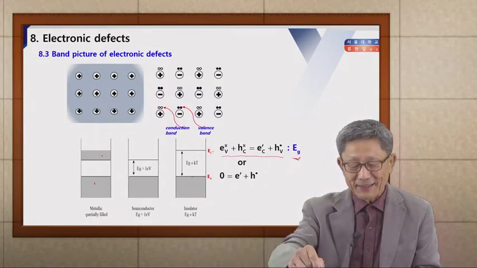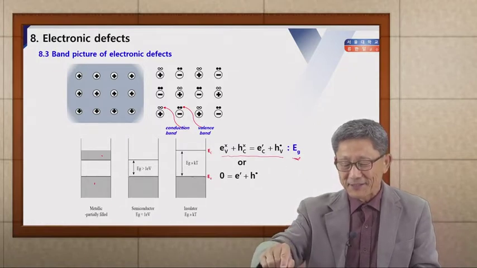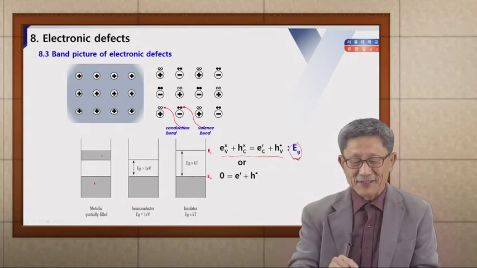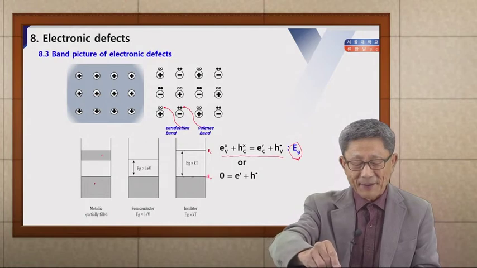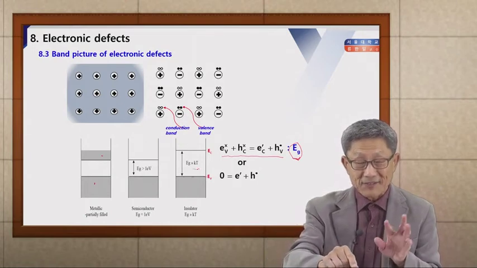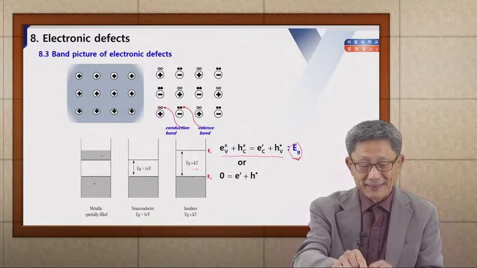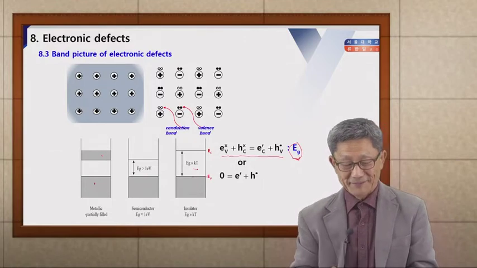And then the conduction band edge is located above this valence band by as much as the band gap energy, Eg. For the case of an ionic crystal, this band gap is much larger than thermal energy. But for the case of a typical semiconductor, the band gap is only on the order of 1 electron volt.